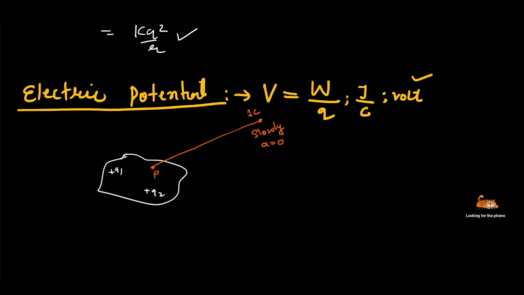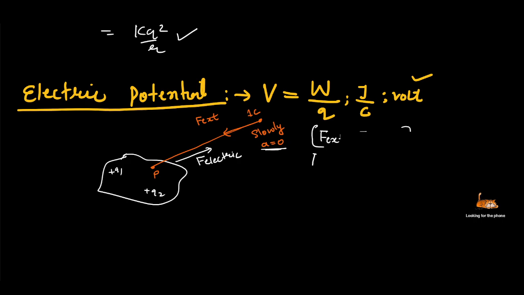Done? And look here, we are applying force. I need to get it here, so I am applying my external force, and here the electric force, Coulombic force, will act. If my acceleration should be 0, my external force should be equal to my electric force. In this condition, my A is 0.